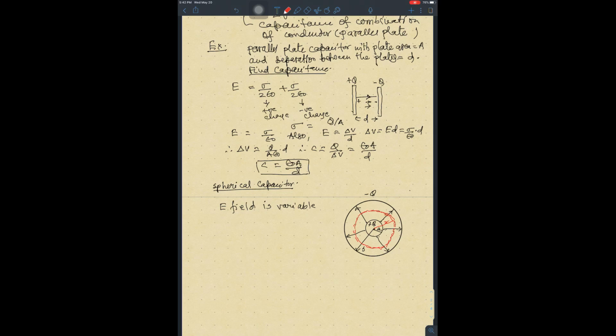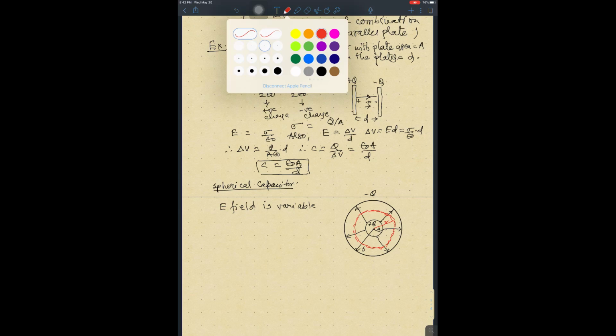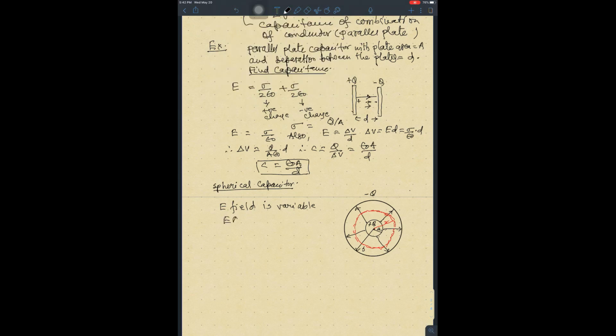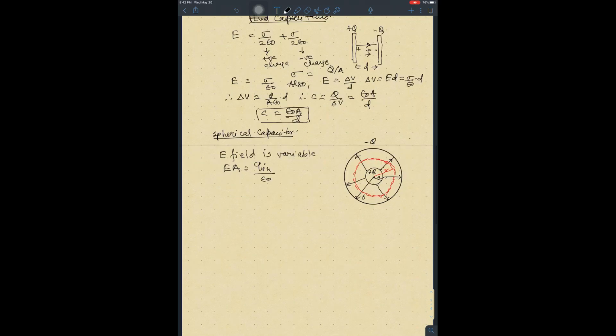So if we create a Gaussian surface of radius r, then by Gauss law, what we already know, E into A is equal to Q in by epsilon naught. Now E into 4 pi r square, this radius r is the Gaussian surface.